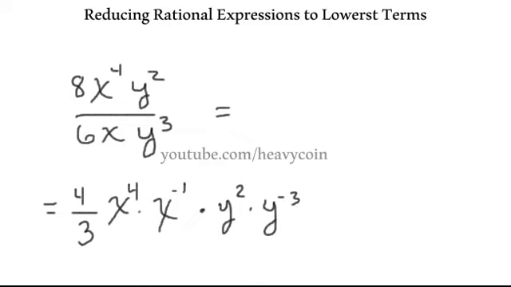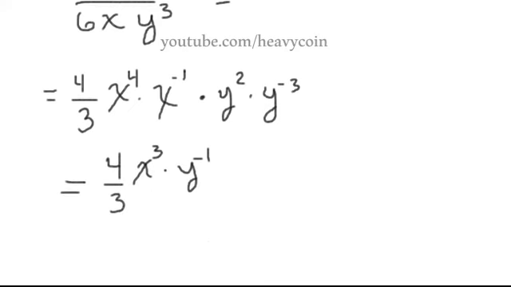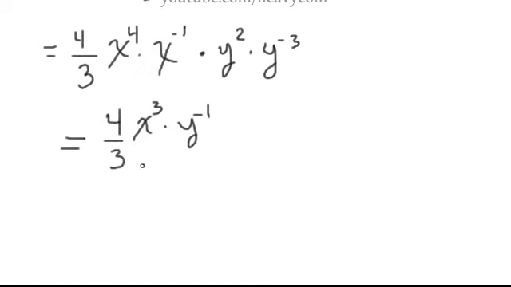The reason we do that is so we can add their powers together, since these bases are the same. So 4 minus 1 is a 3, and 2 minus 3 is a -1. Now we don't ever want to write our answer with negative exponents, and because this is y to the -1, we can take that down into the denominator.